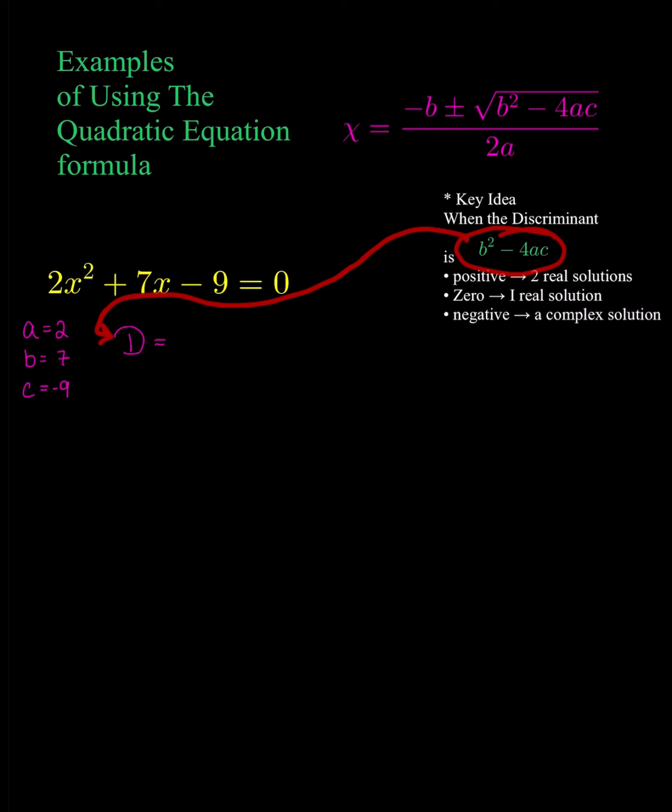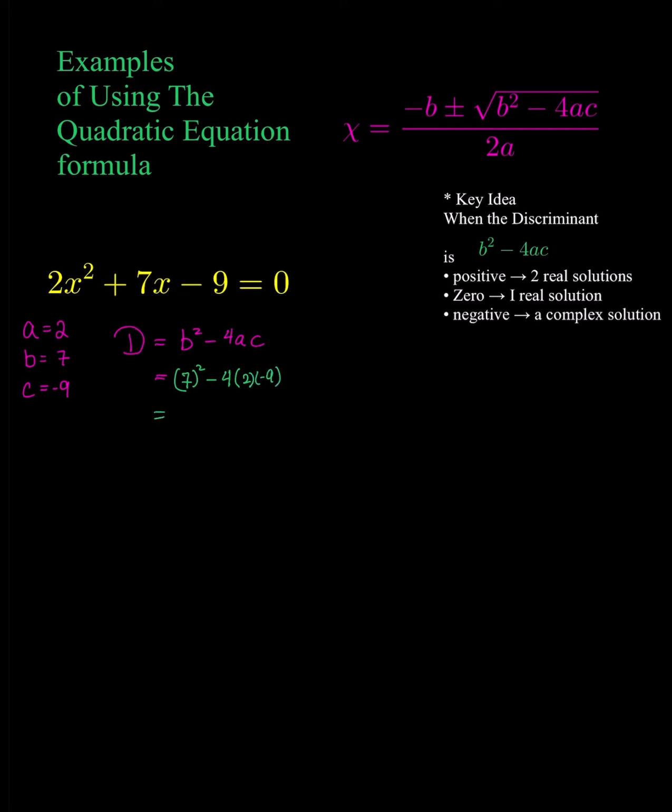Now recall that big D is equivalent to B squared minus 4AC. We will now substitute the A, B, and C values with their corresponding numerical value. So we have 7 to the second degree minus 4 times the product of 2 and negative 9.